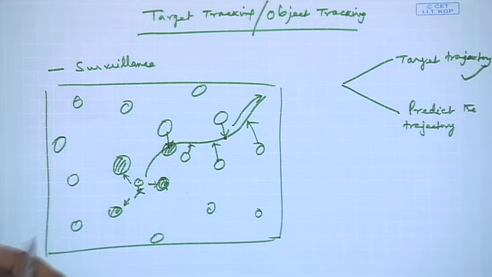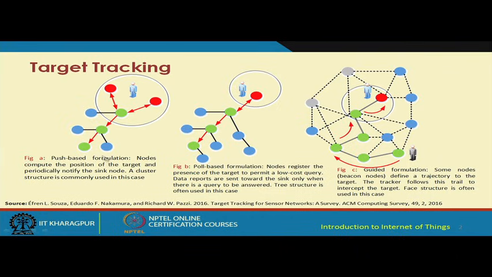So, going back, we have different types of formulations of the problem of target tracking. One is the push based formulation, which is about nodes computing the position of the target and periodically notifying the sink node.